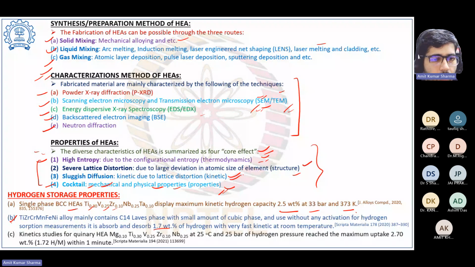Then the kinetic study of a different binary HEA at 25 degrees and 25 bar of hydrogen pressure reaches the maximum uptake of 2.78% within 1 minute. So here you can see the difference: with different combinations of elements, the kinetics are different, the weight percent are different, and the behaviors are different. So things are changing.